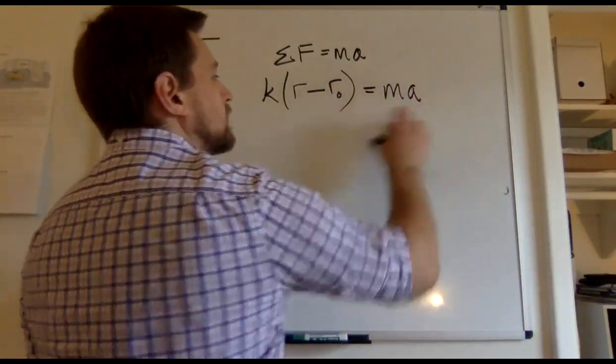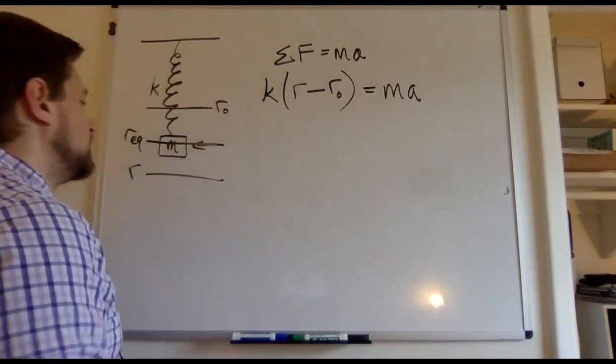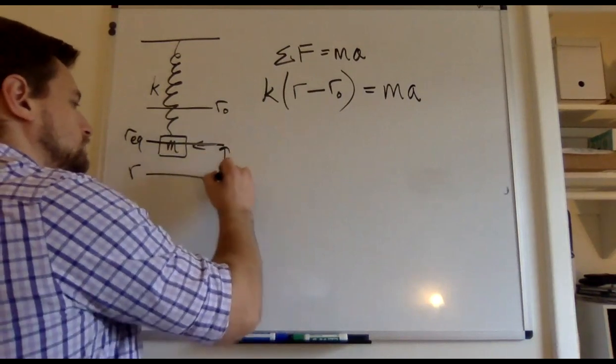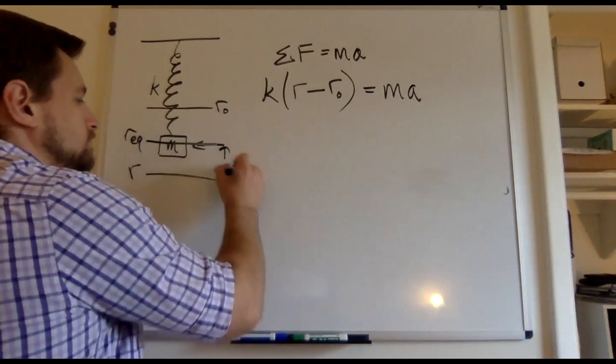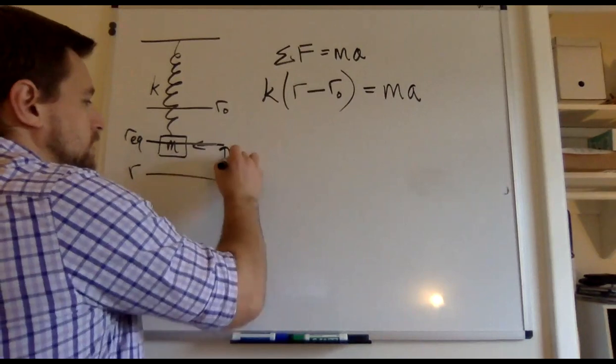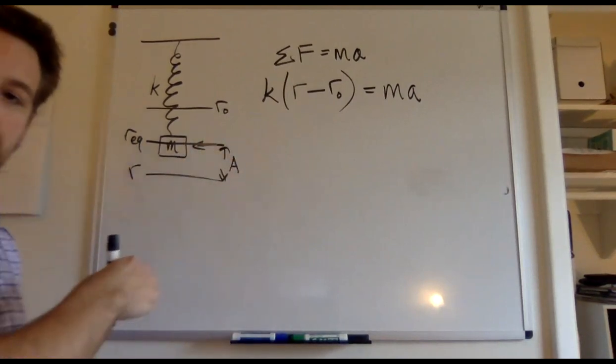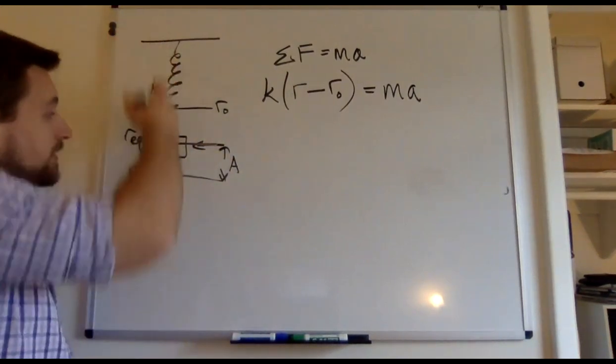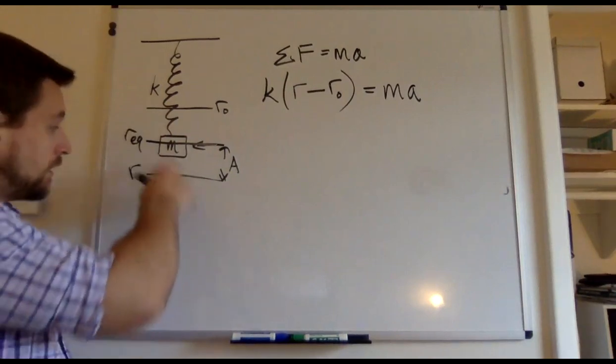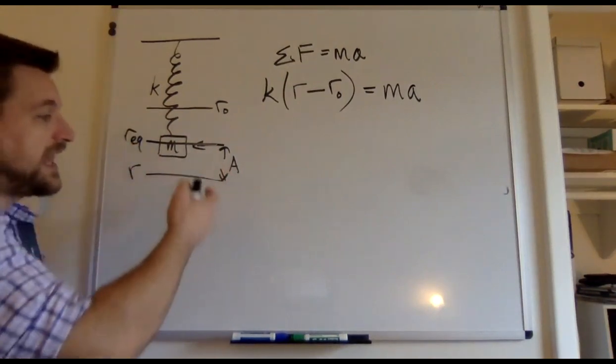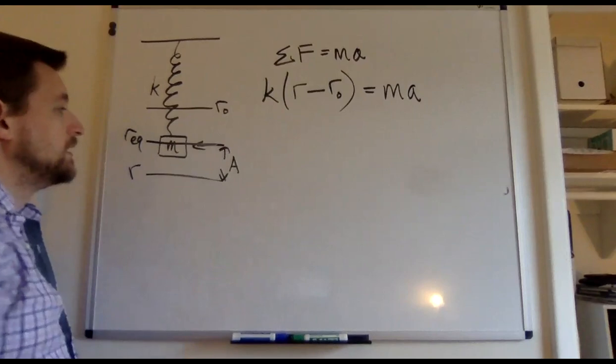Mass times acceleration. Now, I'm just going to call this how far away from the actual resting point of this loaded spring are we at point r? I'm going to call it A. I just need a letter for it.